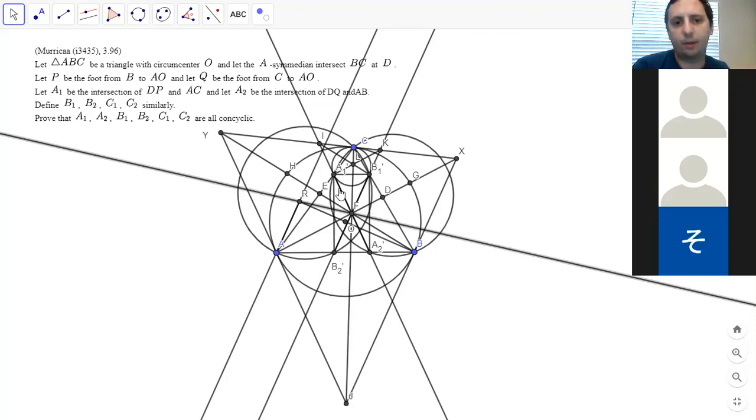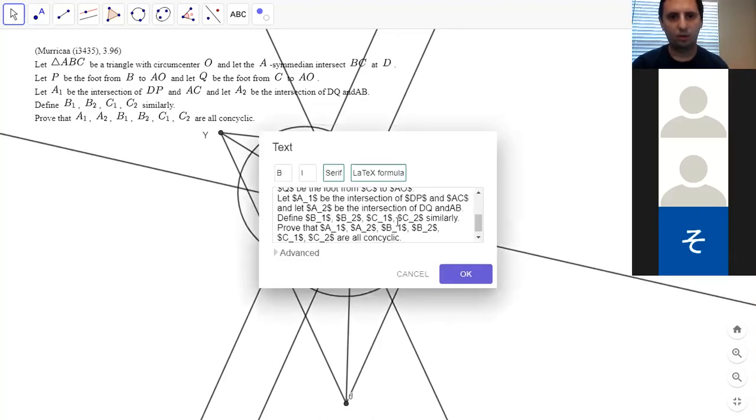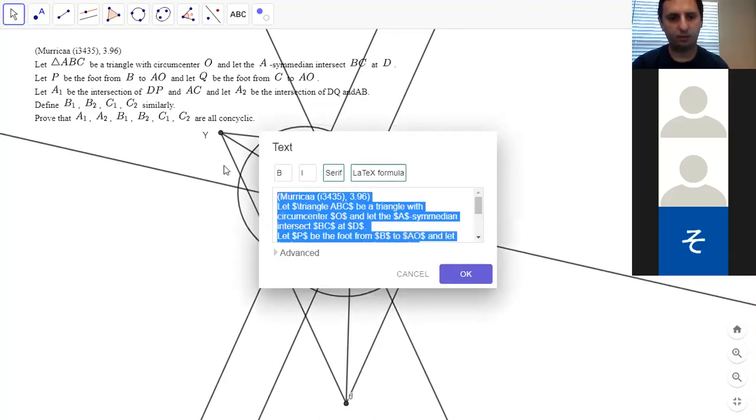So yeah, maybe that would prove that RE and B1 prime are collinear. Yeah, let me copy this.